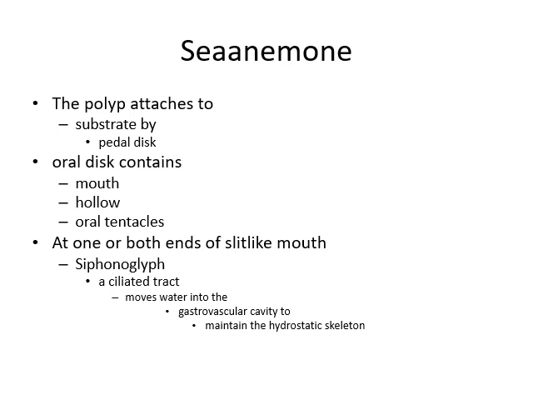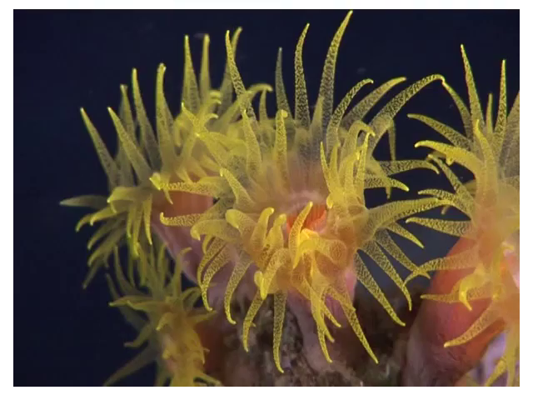At one or both ends of the slit-like mouth, they have the siphonoglyph, a ciliated tract that moves water into the gastrovascular cavity to maintain the hydrostatic skeleton, and it will maintain the shape of the sea anemone. Here you can see the beautiful sea anemone, having a lot of tentacles.